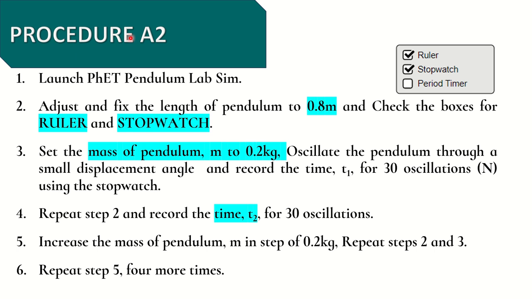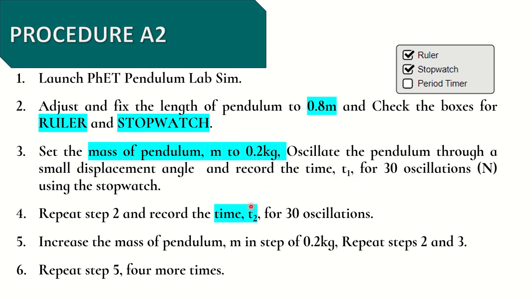Then we also see the procedure: launch the PhET sim, and this time around we are fixing the length of the pendulum to 0.8, and the stopwatch and the ruler are also active for us to be able to see and use. Then set the mass of the pendulum to 0.2 kg, oscillate for 30 oscillations and measure T1.